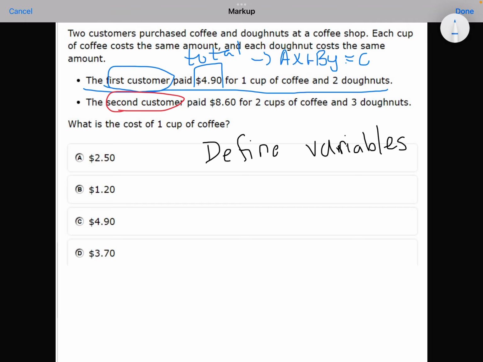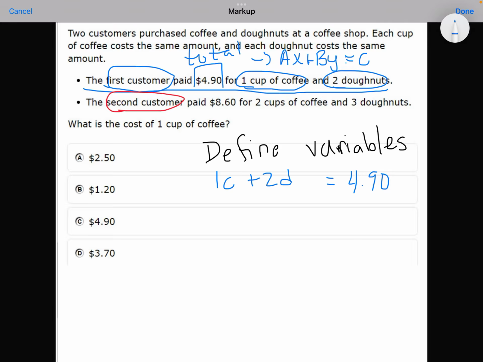So if I start writing its equation, I know it's going to be equal to 490. And some of you have probably already caught on. It's like, well, how did I get that 490? Well, simple. I bought 1 cup of coffee and 2 donuts. So you might be tempted to say 1C plus 2D equals 490, right? 1 cup of coffee plus 2 donuts equals 490. Keep it simple. And that's perfect.